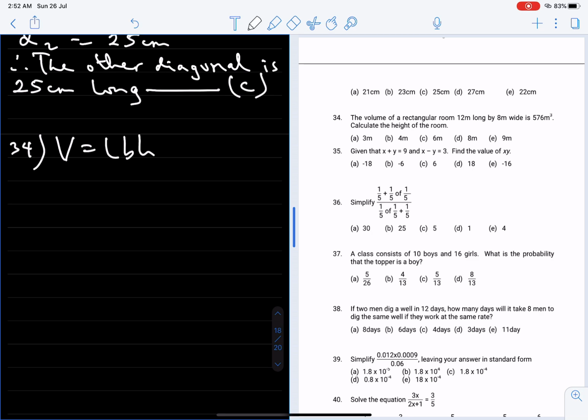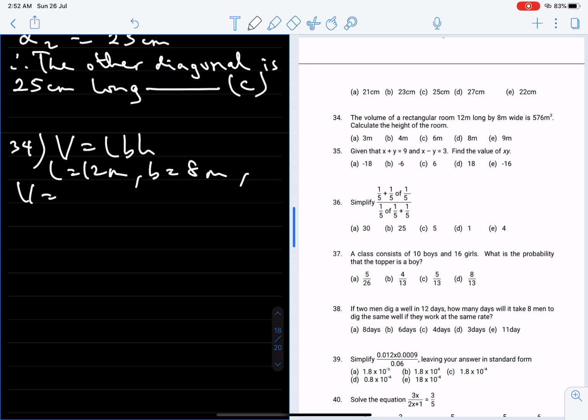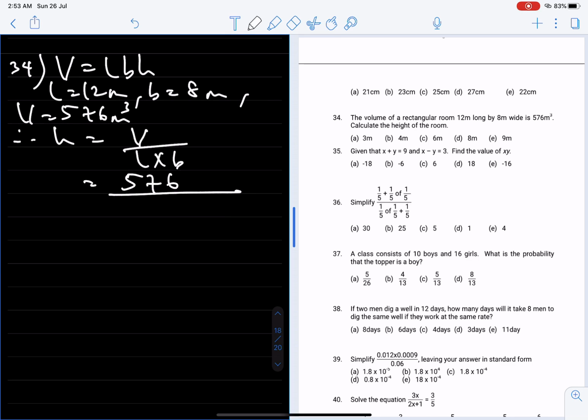Length is 12 meters, breadth is 8 meters, and volume is 576 meter cubed. That means the height equals volume over length times breadth, which is 576 divided by 12 times 8.